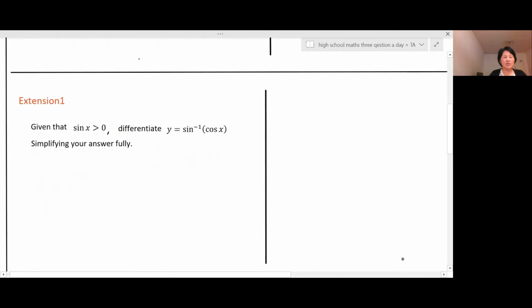The second question is: given sine x is larger than 0, differentiate y equals sine inverse of cosine x, simplifying your answer fully.